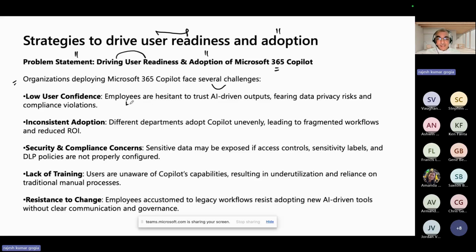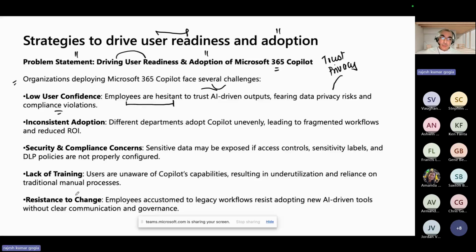Something very common: employees are hesitant. That brings a question of trust and privacy, isn't it? They're hesitant to trust the AI-driven outputs. The reason being, privacy risk is a concern, whether it is going to violate my compliance or not.